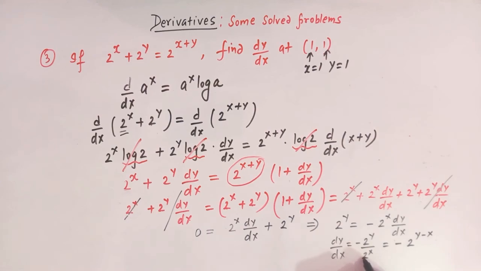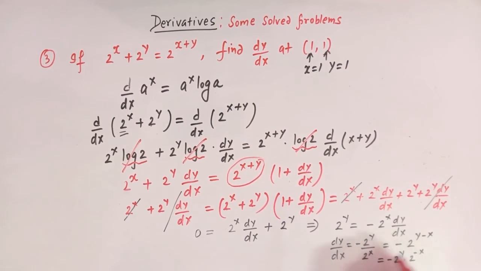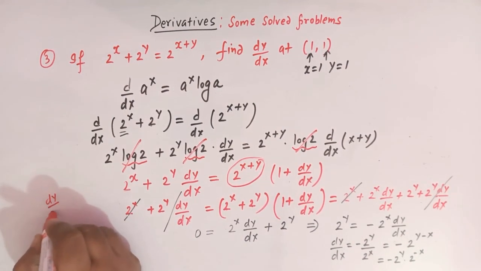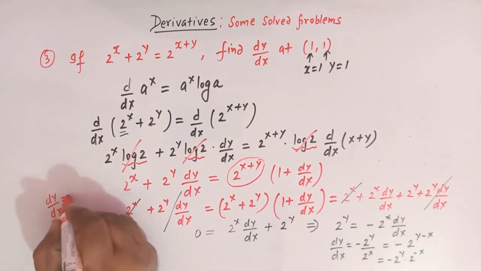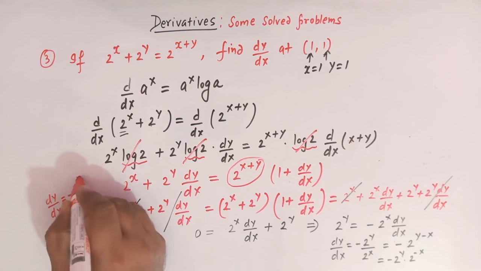Taking 2 raised to x to the numerator, since the bases are the same, the exponents get subtracted, like this: minus 2 raised to y times 2 raised to minus x. So now the derivative of y with respect to x is equal to the negative of 2 raised to y minus x.